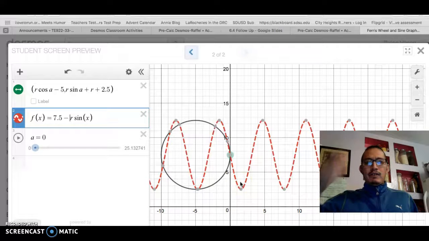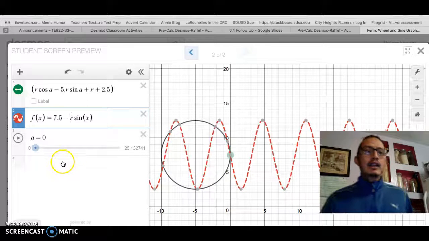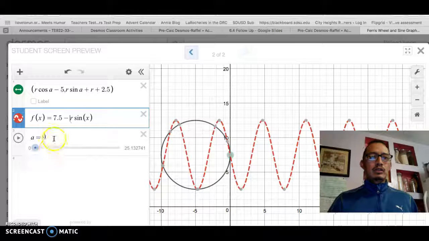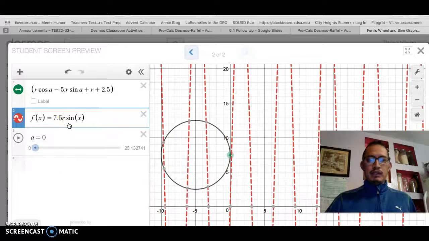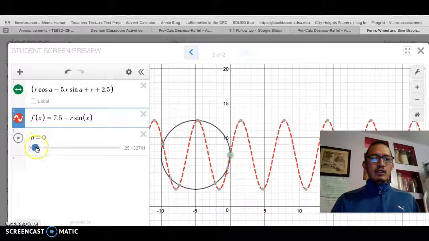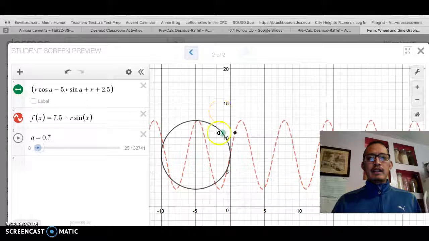It flipped. And let's see what it does to my height and my Ferris wheel. Now we're gonna go counterclockwise. Look, amazing. The heights are the same height, and it follows as I go a full cycle, and it's gonna start repeating itself. The height of my Ferris wheel is the same height as my sine graph.